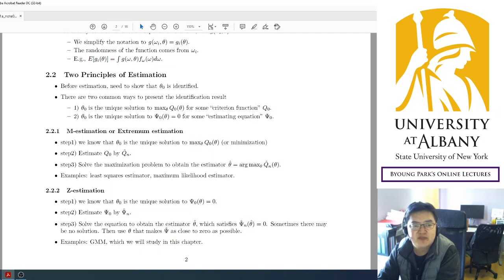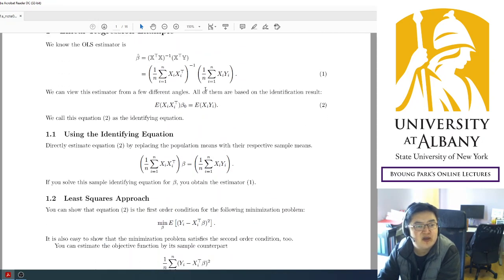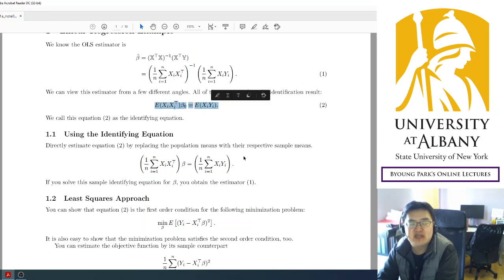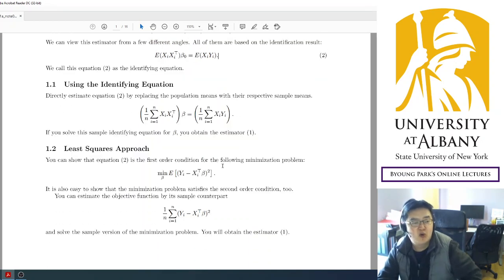For example, from the earlier example, this is the identifying equation, the estimating equation. So beta 0 is identified because this equation has a unique solution for beta. Then that's identification. Or you may state the identification condition as, say, we have this minimization problem, and this minimization problem has a unique solution, and that is the true value of beta.